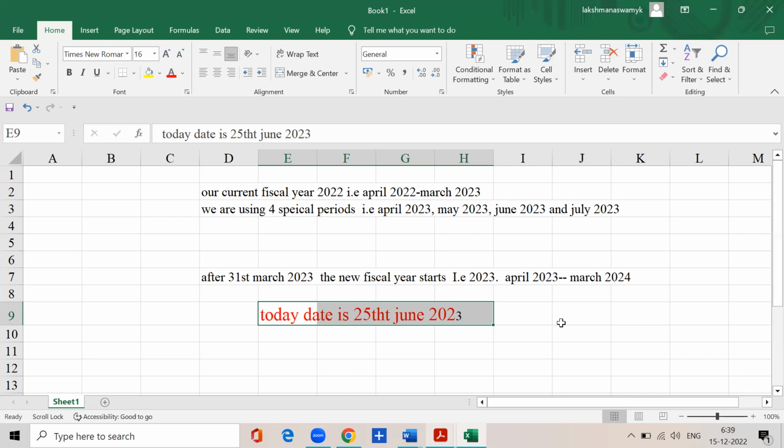I am posting one transaction today. This transaction may be related to the previous year as an adjustment, or it may be related to the current fiscal year as a normal transaction. Because June 2023 may be the third period. Everybody is able to get my point? In this case, how can the system understand whether this business transaction is related to the previous fiscal year as an adjustment or to the current fiscal year?